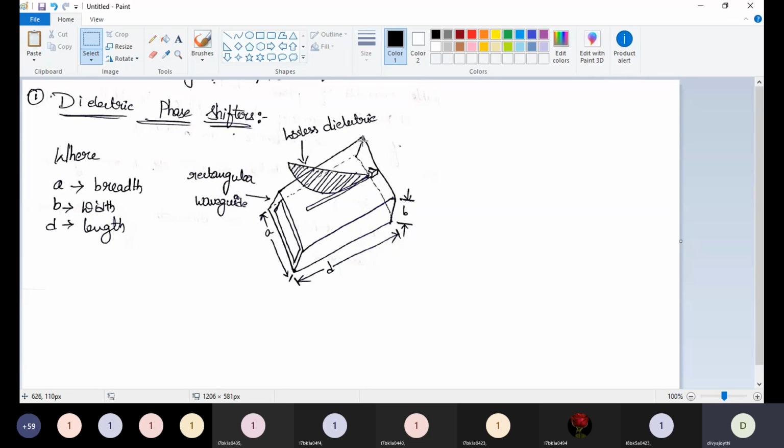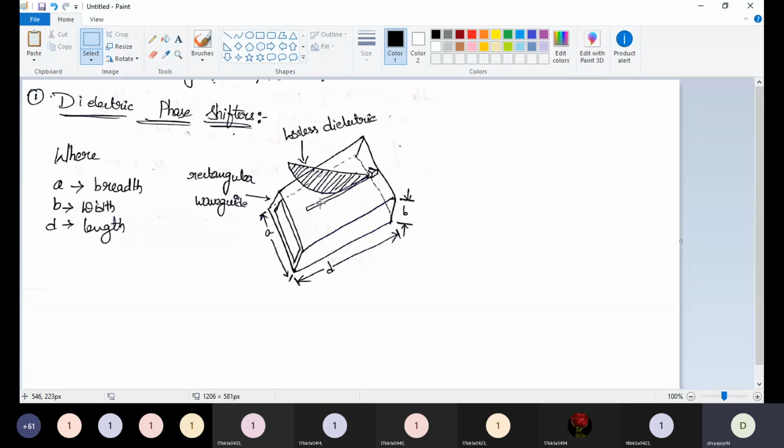While introducing the dielectric into the waveguide, you need to keep one thing in mind: the dielectric should be introduced at a point where the electric field is maximum. The electric field cannot be maximum at all dimensions of this waveguide, right? So you need to introduce this dielectric at a point where the electric field is maximum.